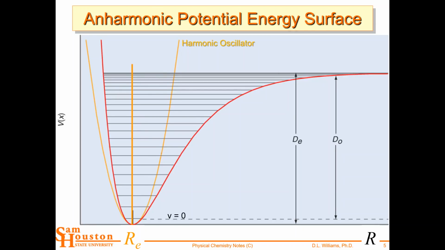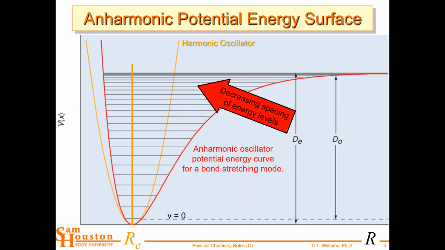Bonds actually stretch and eventually dissociate. So all we've done is said we know the harmonic, now we have not harmonic. So this is the anharmonic potential. So putting the A in front of it negates the harmonic part. And so this is decreasing energy spacing of the energy levels.